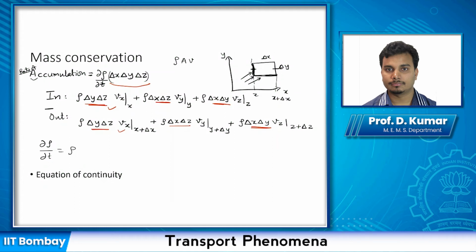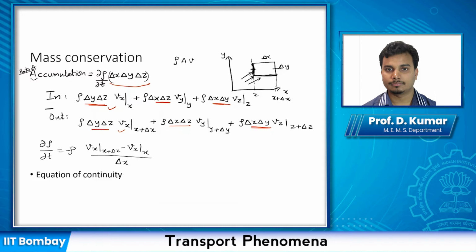If I'm dividing by all of this, you can write Vx at x plus delta x minus Vx at x, divided by delta x. So this we can write as dou Vx by dou x.